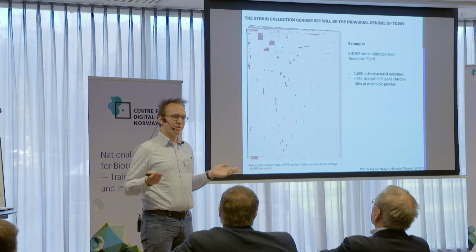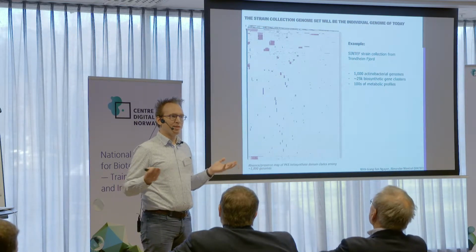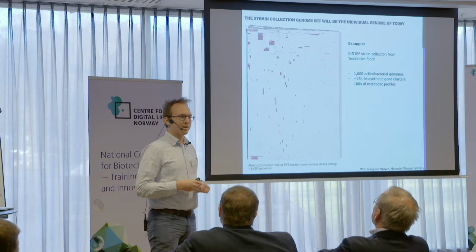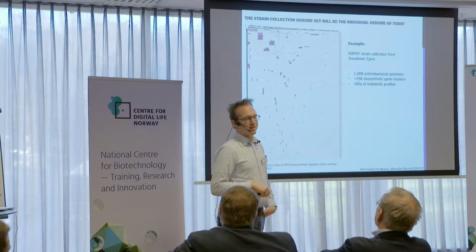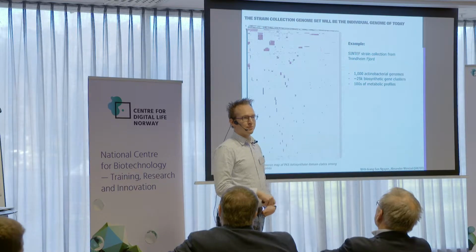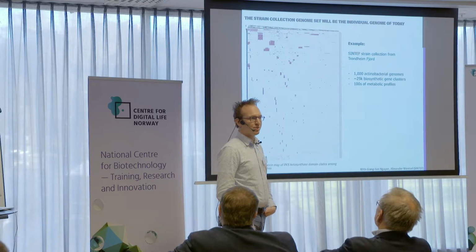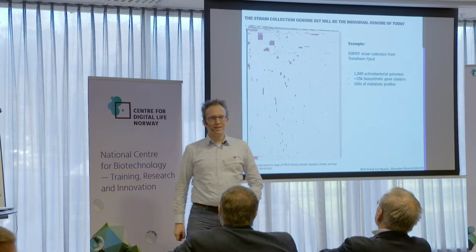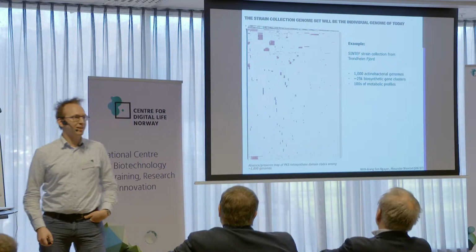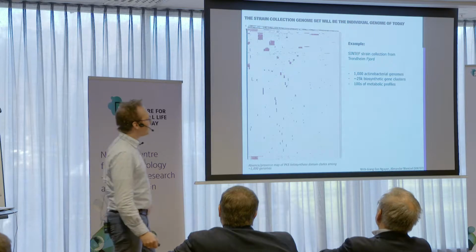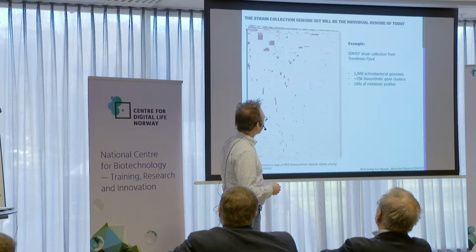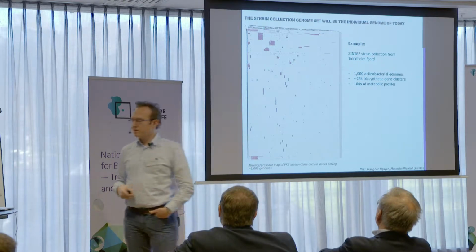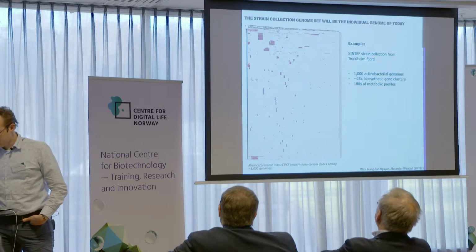So the way to study this is, well, we need something more than just anti-SMASH, because looking through 1,200 separate outputs of individual genomes and trying to make sense of that is just undoable. It would take months of boring work, and you would probably not be able to find the really interesting bits. We need new ways to be able to look at that data.